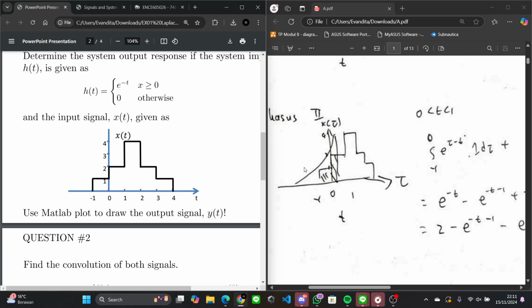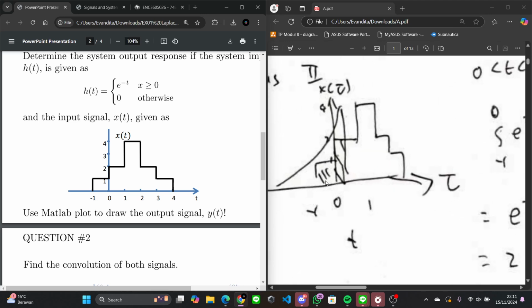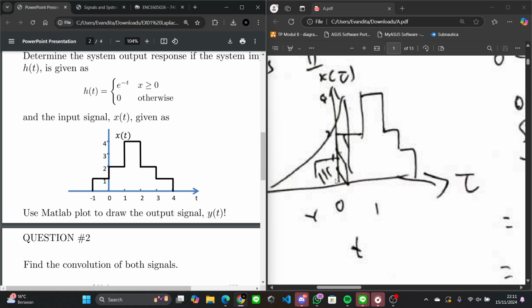Here, we can see that the value of t is from 0 to 1. At this point, it has already passed the block where the signal is equal to 1. During 0 to 1, the signal value is equal to 2, so there's a little bit of difference.